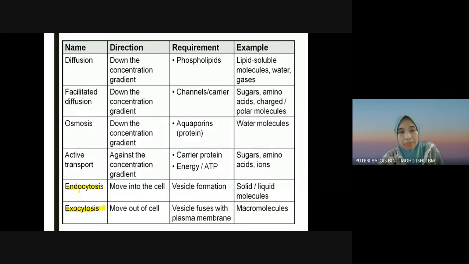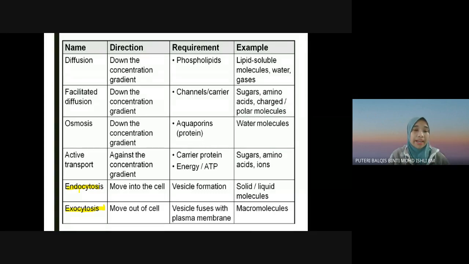Dia tak termasuk dalam active transport because it does not involve molecules or ions. It involves bulk transport. So sebab tu endocytosis and exocytosis is included in the bulk transport. But they need energy, endo and exo, they need energy for it to occur.